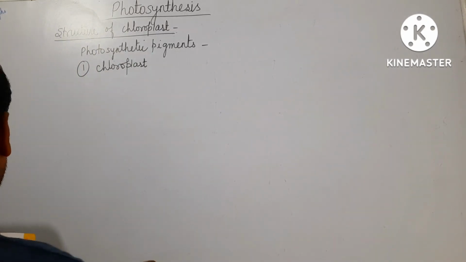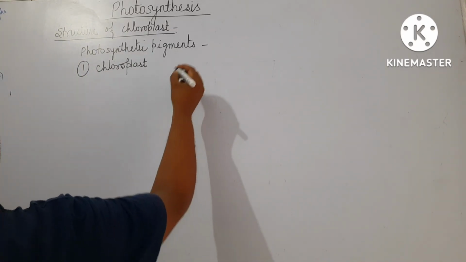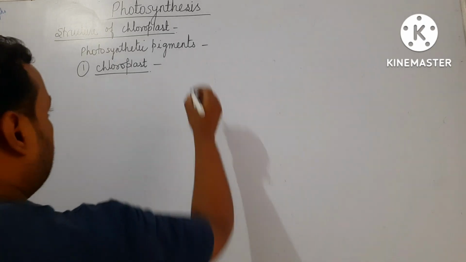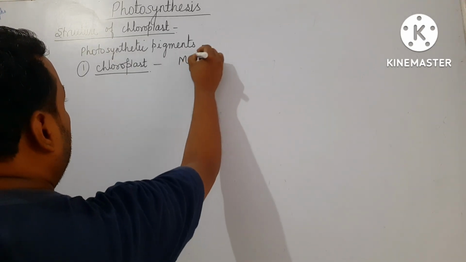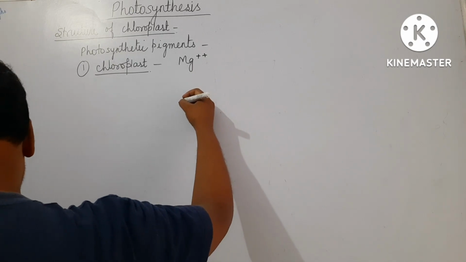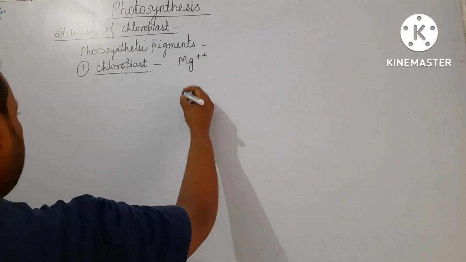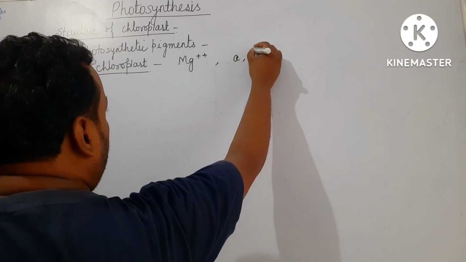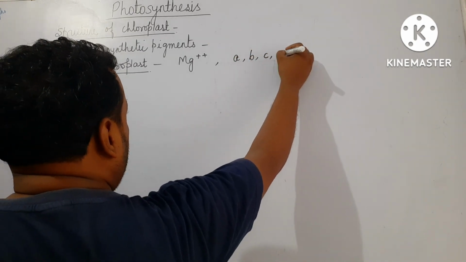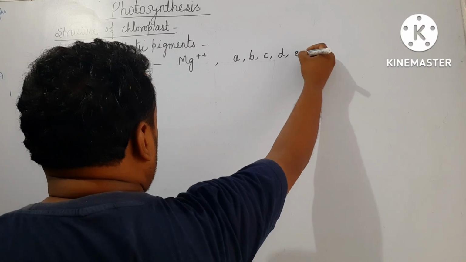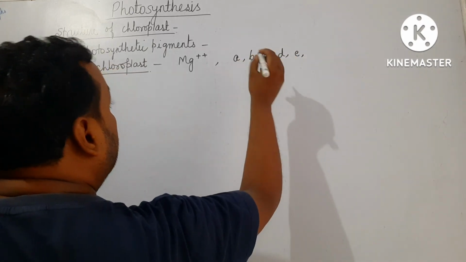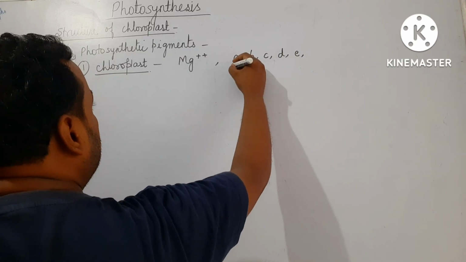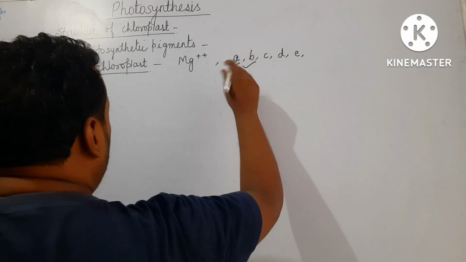chlorophyll. Okay, so it's the most important pigment. It contains the magnesium ion as the central metal atom. Actually chlorophyll is of 5 types: chlorophyll A, B, C, D, E. But in most plant cells, A and B are found more.